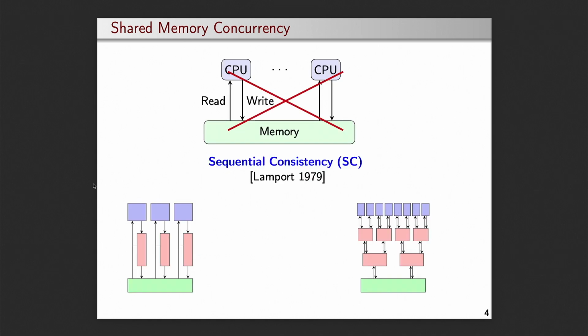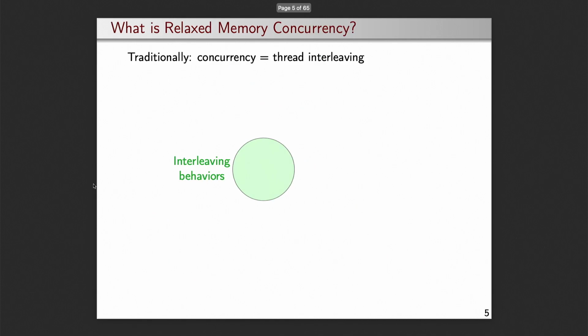Now, in reality, systems are not that simple. There are intermediate buffers, caches, and a complex memory hierarchy between the processing units and the main memory, which actually affect the behavior of concurrent programs. If we consider the overall space, there are some additional behaviors compared to sequential consistency.